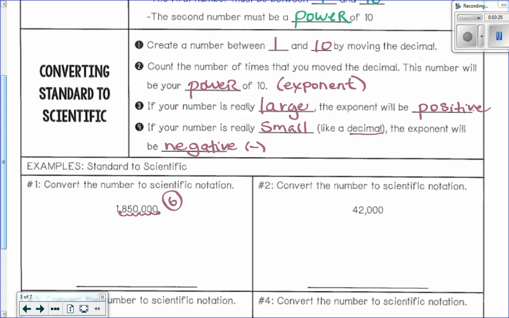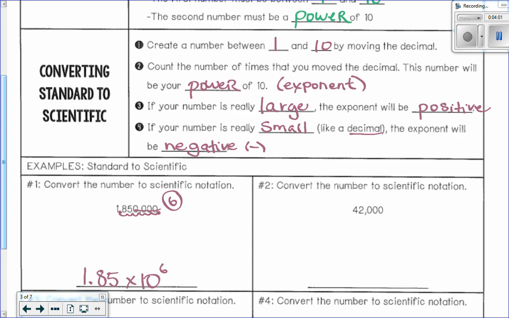All right, so is our 1,850,000? What's our exponent going to be? Is it going to be a positive or a negative 6? It's going to be a positive 6. So we're going to write our number in scientific notation as 1 decimal 8 5, and we drop the zeros, times 10, it's always times 10 to the power of positive 6.